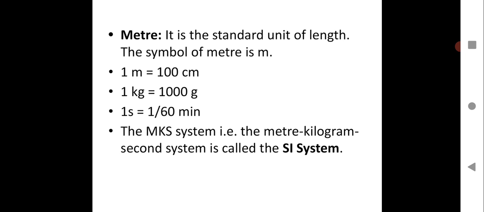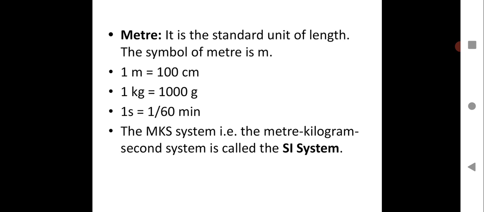So that is called the MKS system, where you are measuring the distance, the weight and time. 1 meter is equal to 100 centimeter, 1 kg is equal to 1000 gram, and 1 second is equal to 1 upon 60 minutes. This measurement you have to take down in your notebook, children, because it is called the MKS system. I hope this is very clear. And the MKS system is also an SI system, that is the International Standard Units.